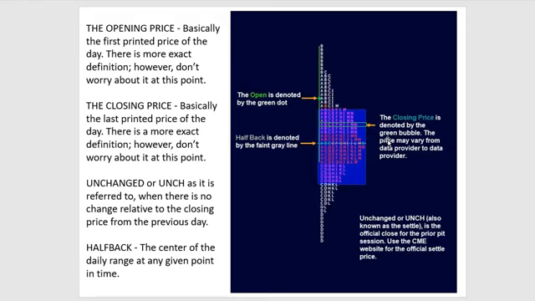You always want to know, where's the morning high, where's the morning low, where's half back, where's the opening. You want to get to the point where you automatically are recording these levels as soon as the market opens.